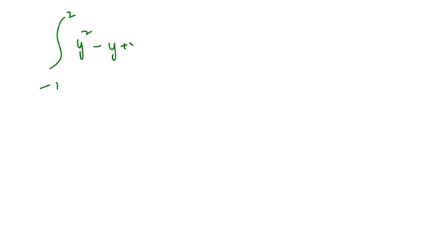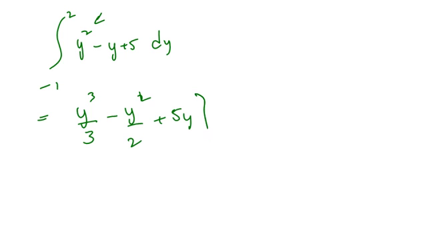Y squared minus y plus 5 dy. So for each of these variables, the exponent goes up by 1, and you divide by that number, so that's y cubed over 3 minus y squared over 2 plus 5y, and we're integrating from -1 to 2.